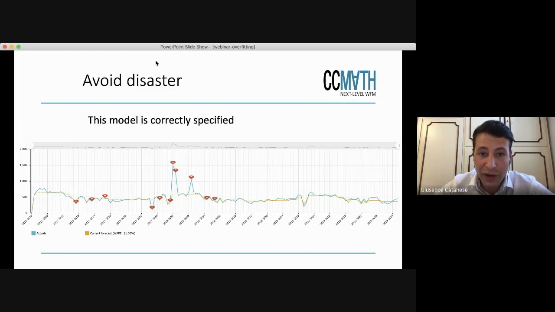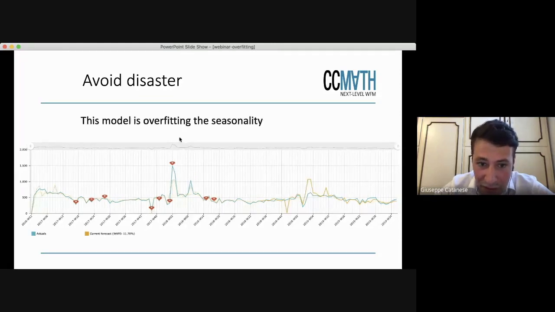This is a model when it's correctly specified. We see that the algorithm ignored the outliers, ignored data points for which we don't have evidence to believe that they were part of the seasonality. For instance, in the case of week 46, we have missing data points, and the algorithm mistakenly thought that this was 0.